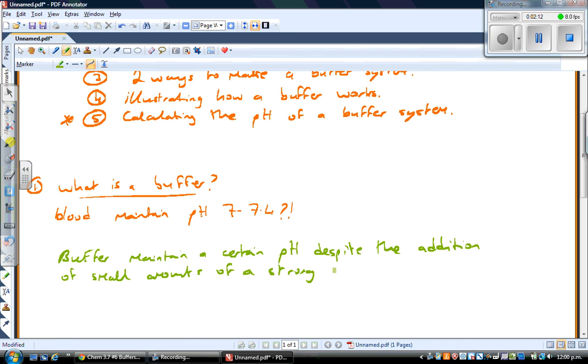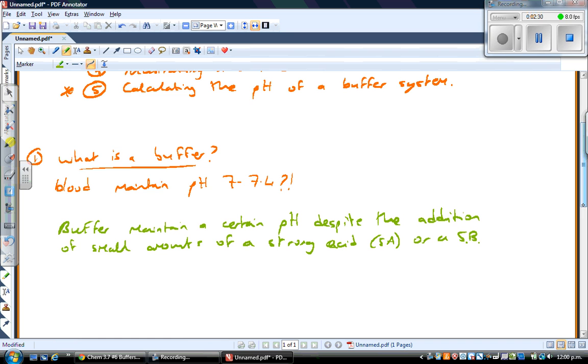And I'm just going to abbreviate all these now. So strong acid will be abbreviated to SA, or a strong base, SB. So a buffer maintains a certain pH despite the addition of small amounts of a strong acid or a strong base.